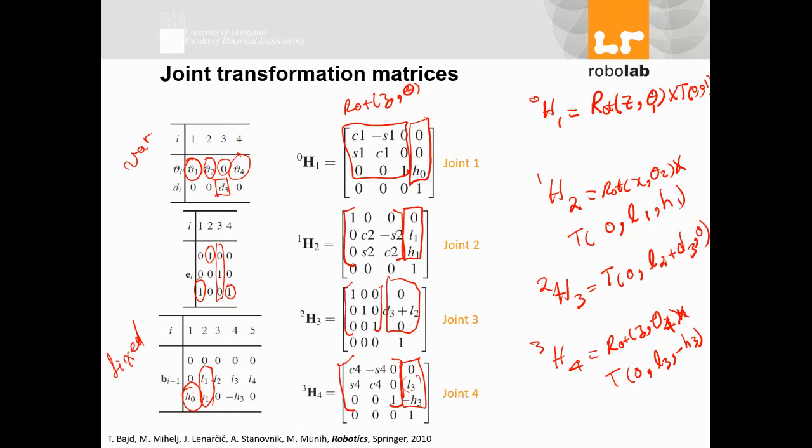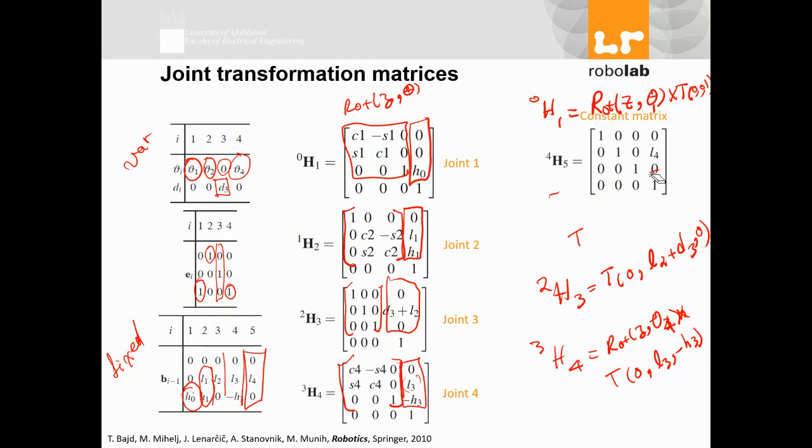Okay, and finally, to the last part as we did, which is H5, there is no rotation, there is only one fixed, or constant matrix, meaning no rotation, no variable, only L1, which is the length of your end effector going out of your matrix.